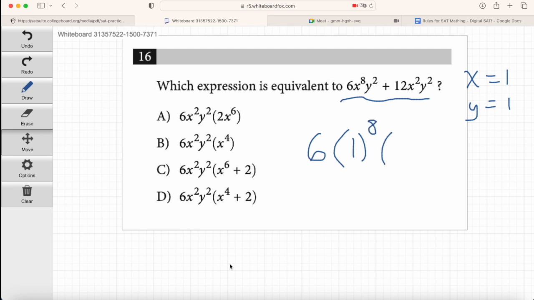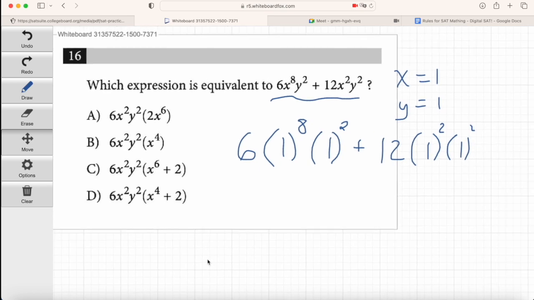If we put in a 1 for x and a 1 for y, we get this statement. So it's going to be 12 plus 6, right? All of these terms, 1 to the power of 8 is 1, 1 squared is 1, 1 times itself is just 1.